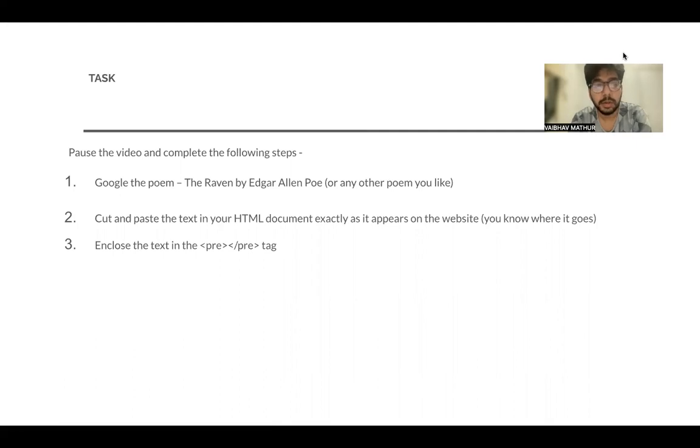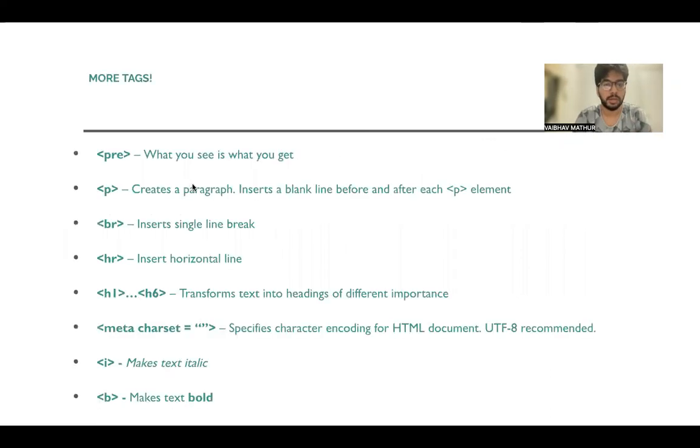And then enclose the text in the pre tag. So it would be between the starting and ending of the pre tag, whatever the text of that poem is. Okay, so pause the video here and do the following, and then save and open your web page and see if you can see it or not. Okay.